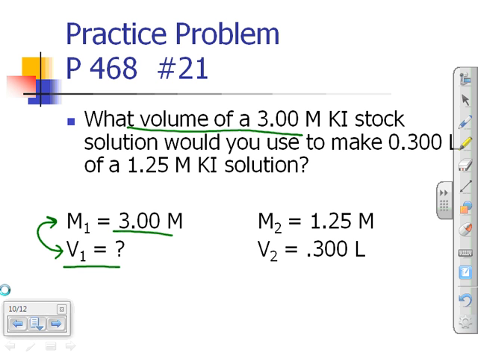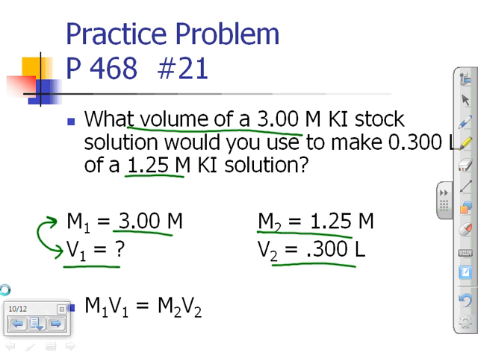So that has to be your M1 and V1. Could be your M2 and V2. They just have to be together. What you're looking to make is 0.300 liters. That's going to be your final volume. And your final concentration will be 1.25 molar. So now you have your numbers.